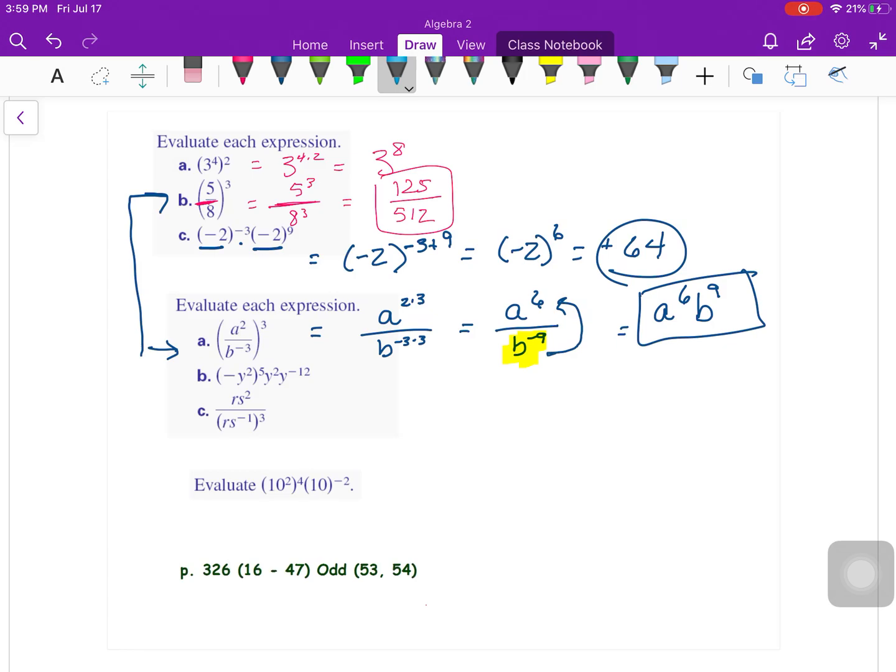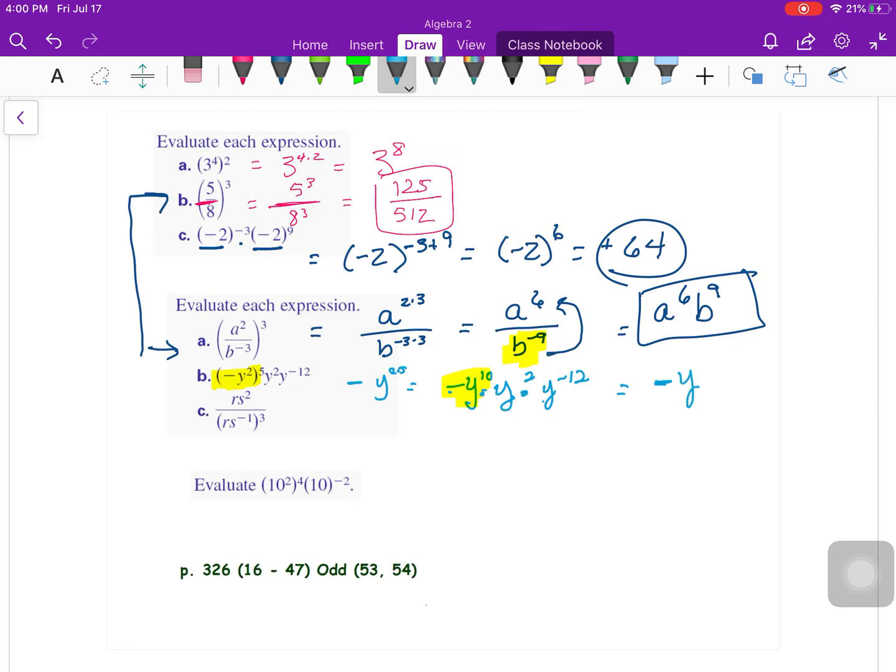All right. Well, this is a negative y squared raised to the 5th. So that's 5 negatives make a negative y to the 2 times 5. That part is a negative y to the 10th. So that took care of this one. I still have negative y to the 10th times y squared times y to the negative 12.